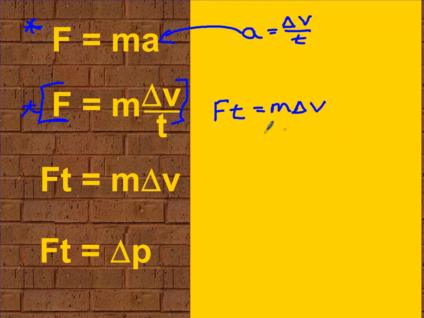Wait a second. Ft is what we just defined to be impulse, while m delta v is our change in momentum.